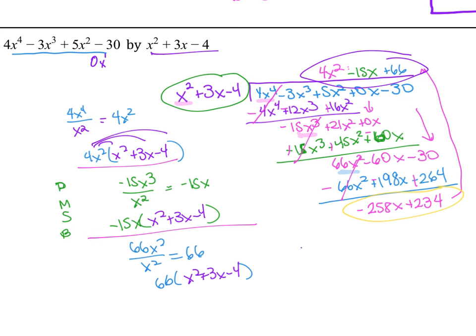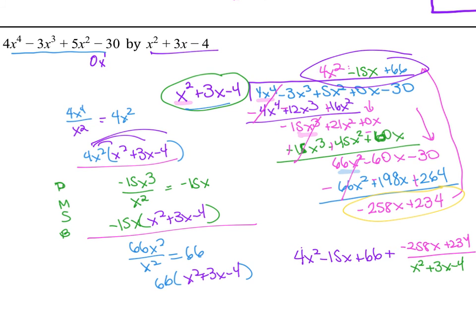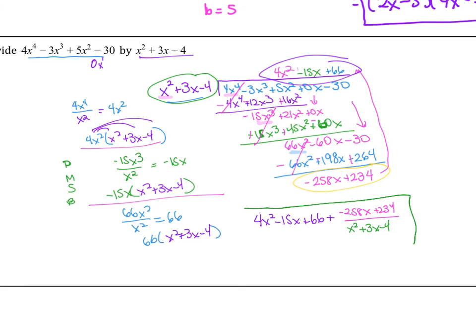So I'll write that out. You would have 4x squared minus 15x plus 66, that's the quotient, plus the remainder, negative 258x plus 234, all over the divisor up here, x squared plus 3x minus 4, and that is the final answer.